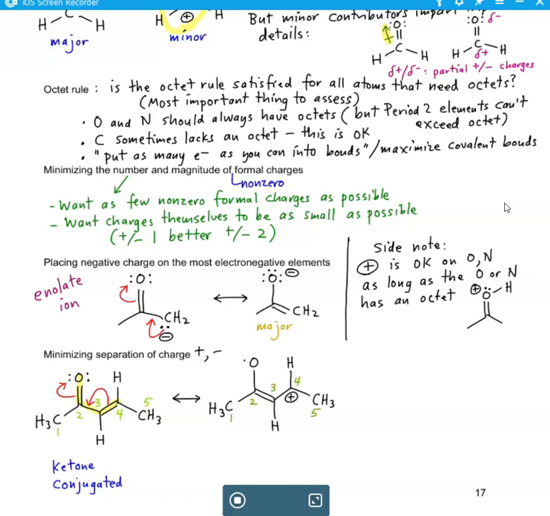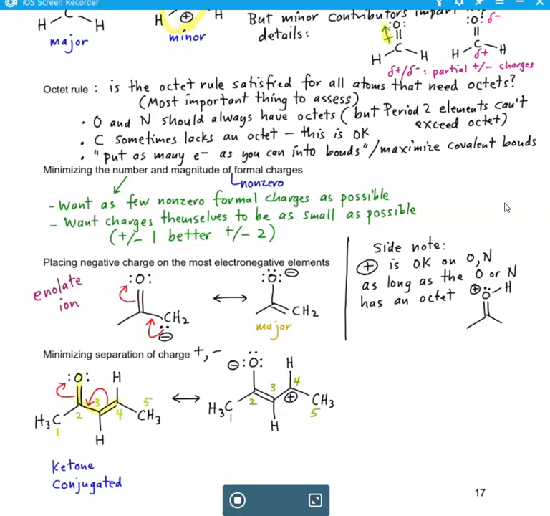The oxygen started with 2 lone pairs, but then we pulled a pair out of the carbonyl pi bond or double bond and put those on the oxygen as well. That gives the oxygen a negative charge. What we have now is what's called separation of charge, because the positive and the negative charges are separated from each other in space.